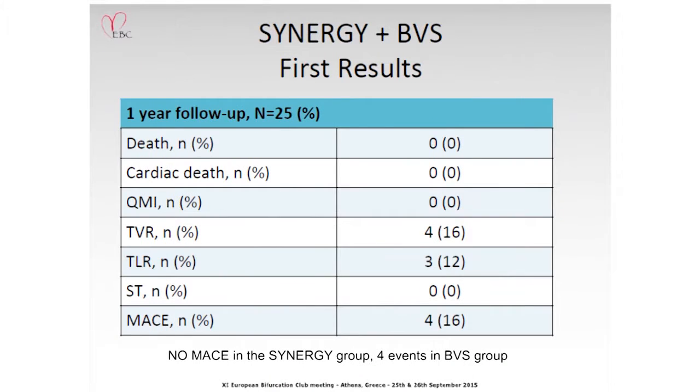If you look at the 1-year follow-up, there are 25 patients. This is 100% follow-up. Death rate 0, cardiac death 0, MI 0, TVR 4%, TLR 3%. And you remember that we also did not use a cutting balloon in 100%. But if you look at the Synergy group, there were no MACEs.